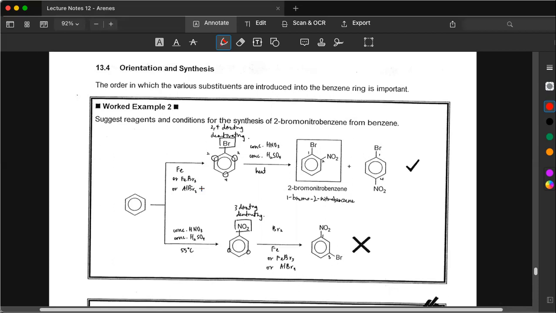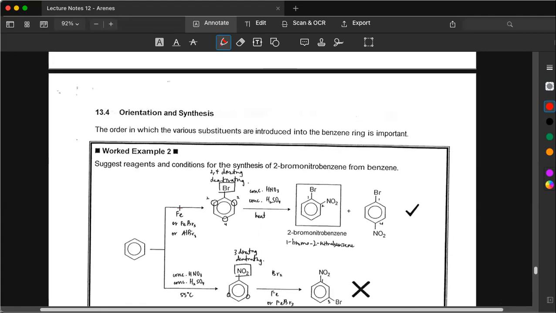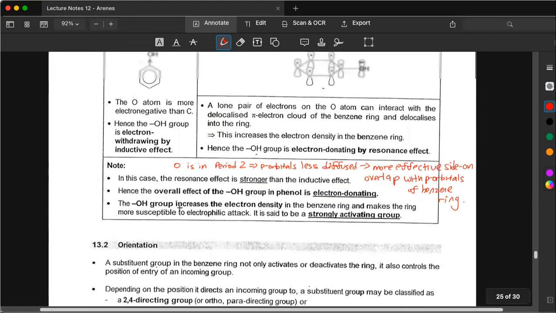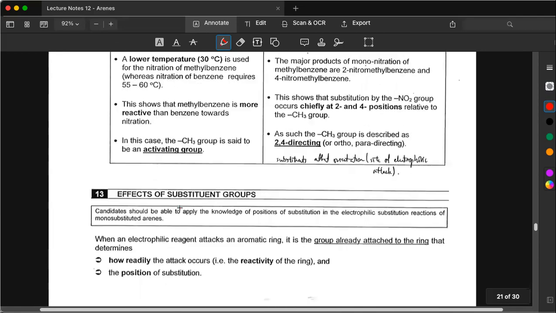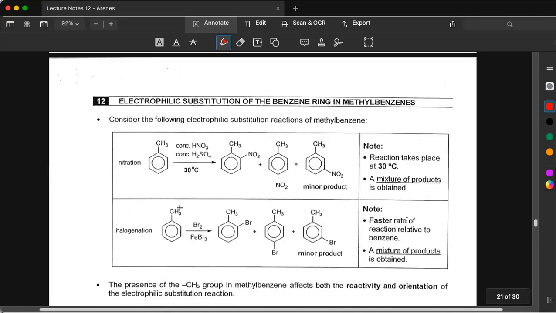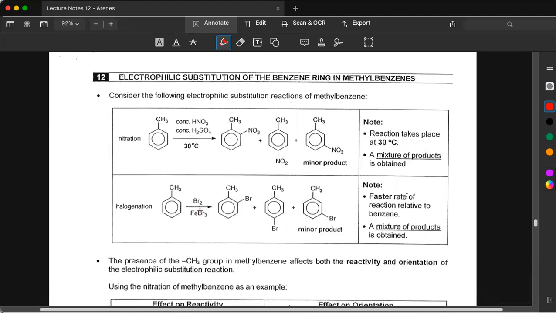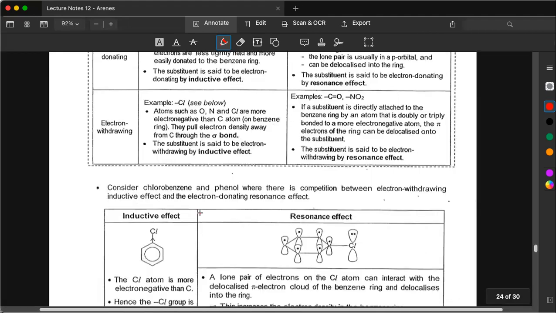For a halogenation, it's Br2. So this one is here, Br2.